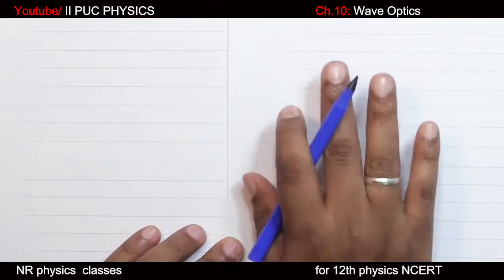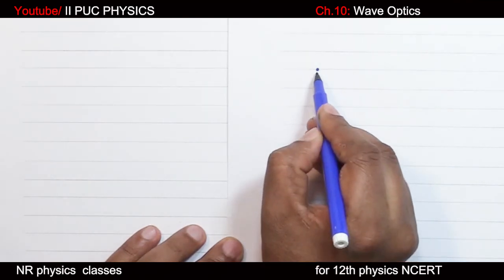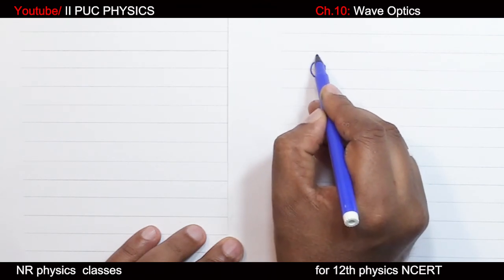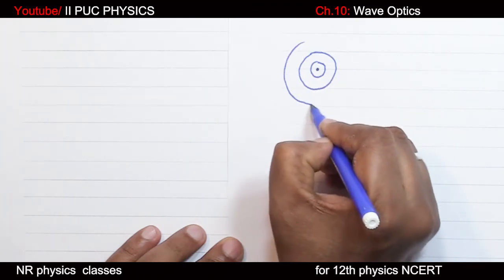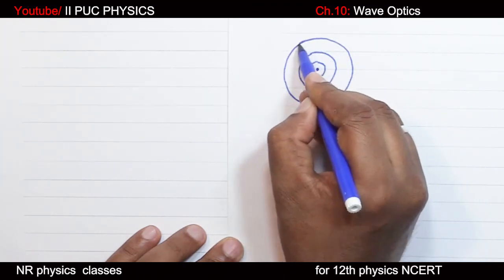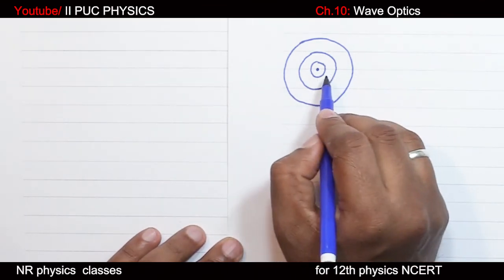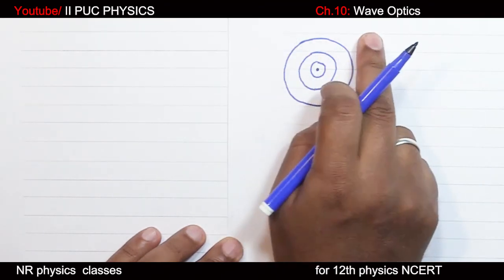Huygens principle. This is a way to imagine how the propagation of a wavefront takes place. If this is a source, from the source, these are the wavefronts. So the wavefronts spread in space. How do they spread in space? That was explained by Huygens principle.